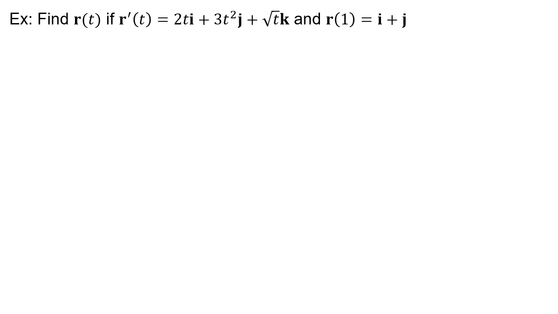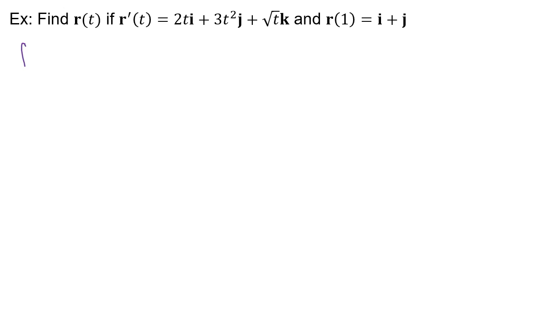Okay, one last problem. I read that wrong. It doesn't say find the first derivative. It says if the first derivative is this, can we find r? So they're asking you to integrate it, and they're giving you an initial condition here.